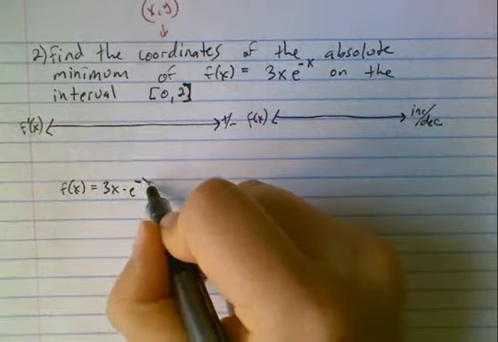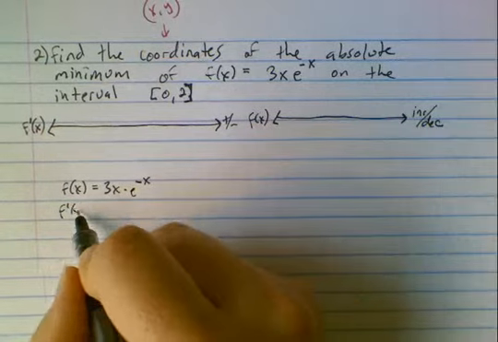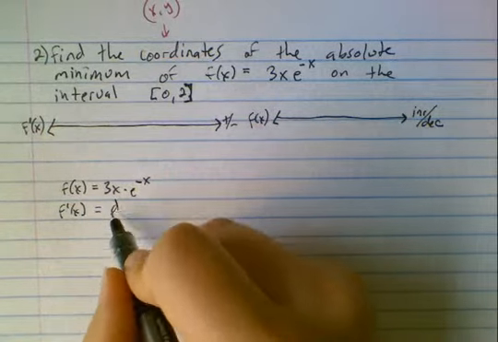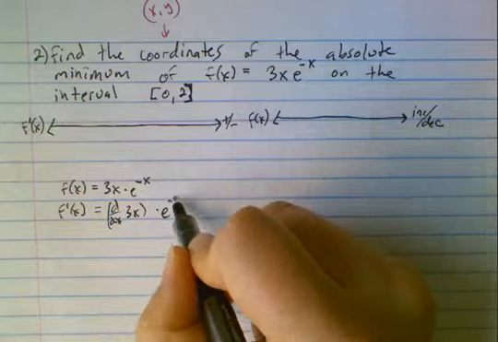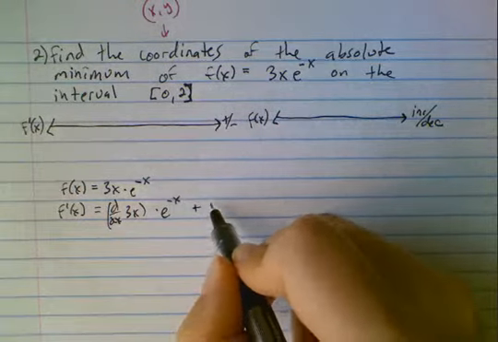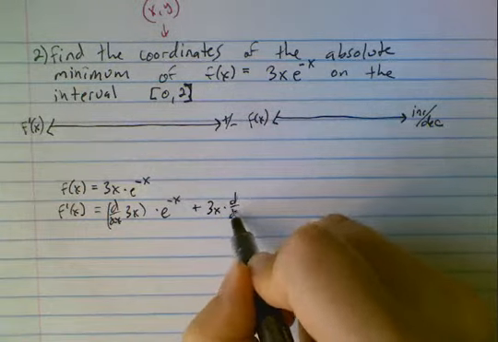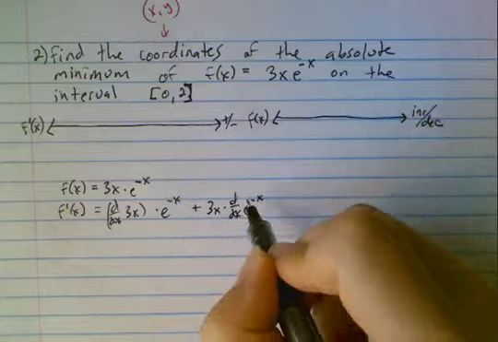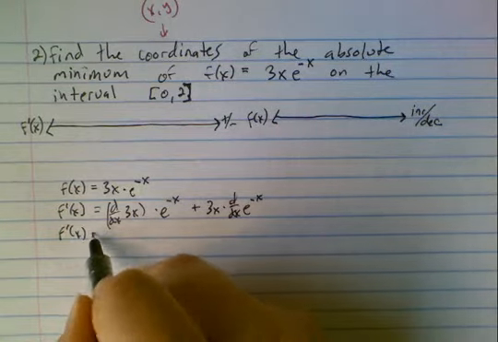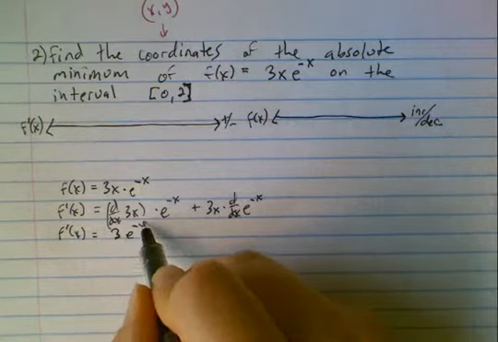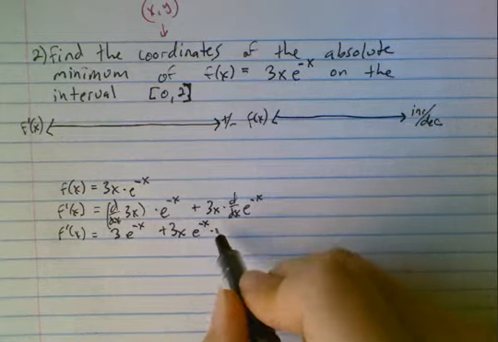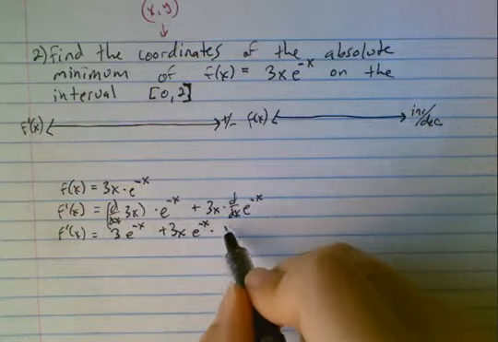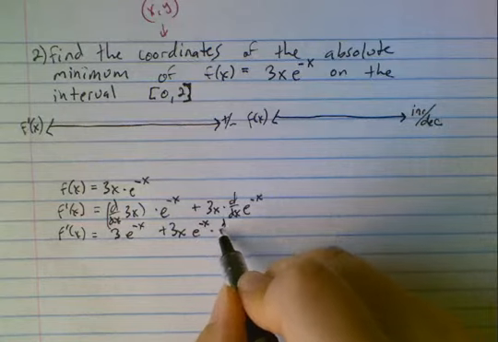These are being multiplied together, so we're going to use the product rule: derivative of the first times the second plus the first times the derivative of the second. Remember, this has to have the chain rule because it's not just an x up there.